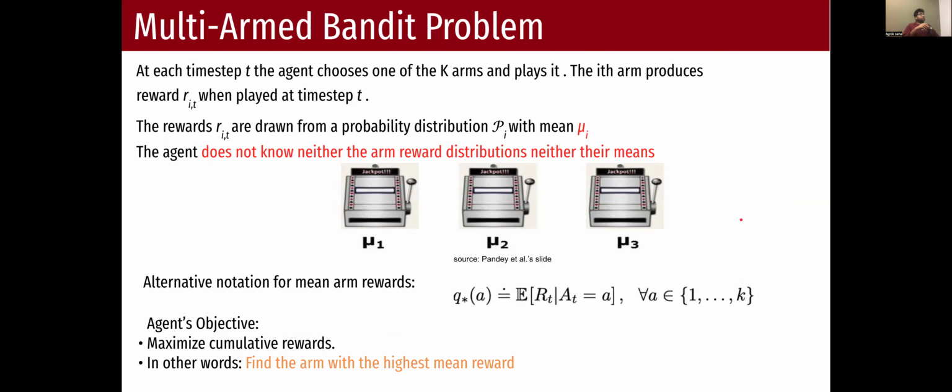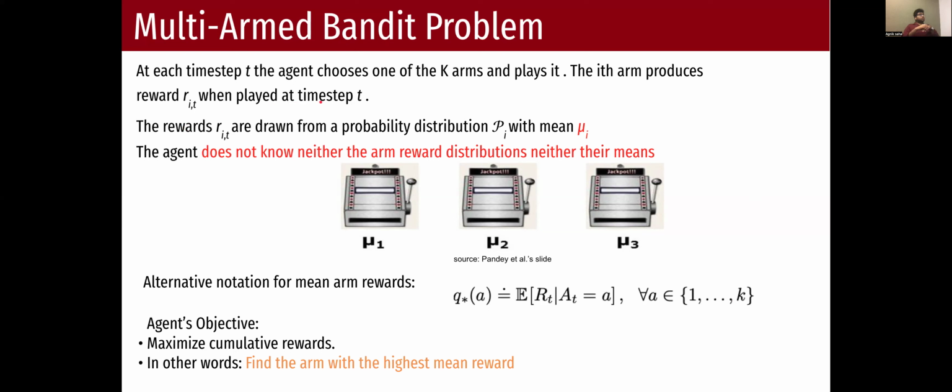In the multi-armed bandit problem, at each time step t, the agent chooses one of the k arms and plays it, and the ith arm produces the reward r_t when played at time step t.